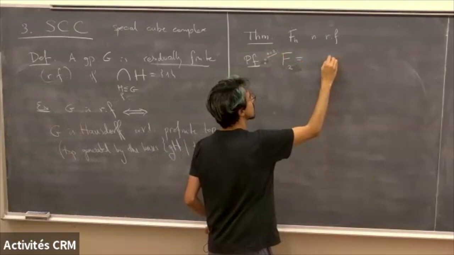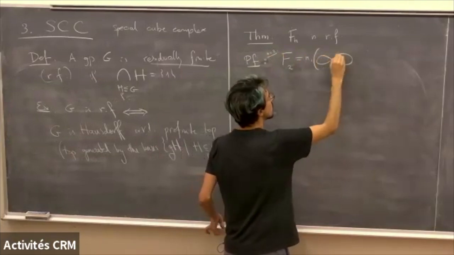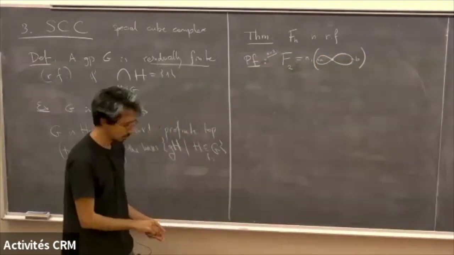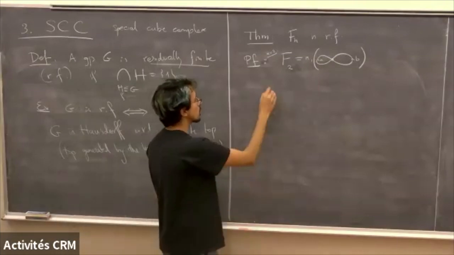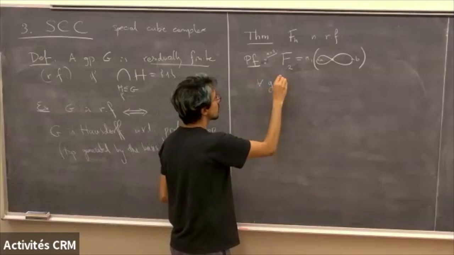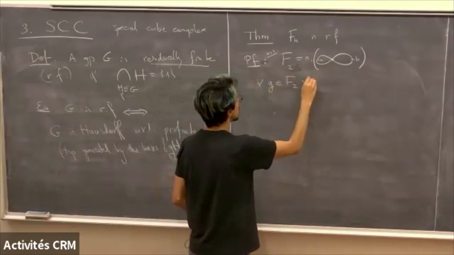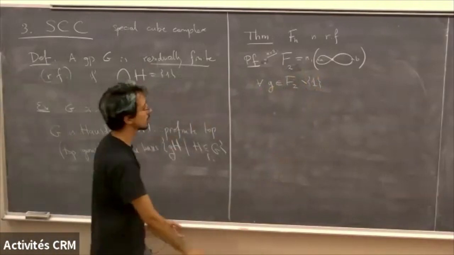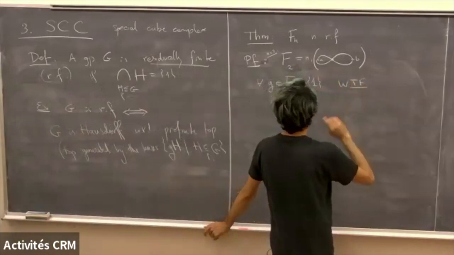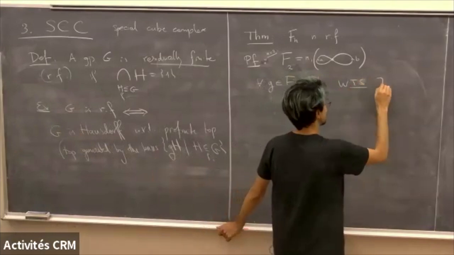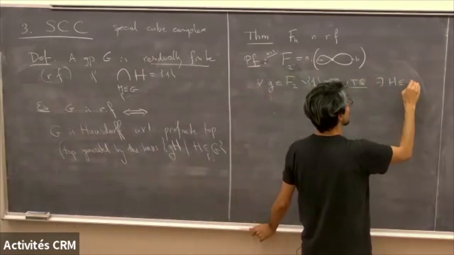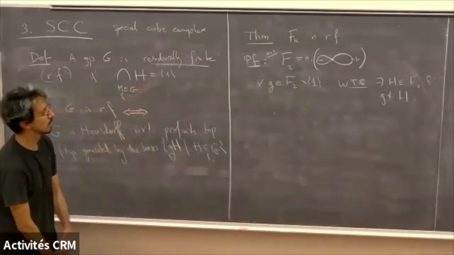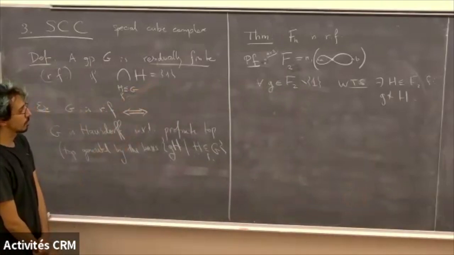We can view F2 as the pi 1 of the rose, F2 equals the group generated by A and B. And we want to show that for every non-trivial element g, we can find a finite index subgroup such that g does not belong to it.